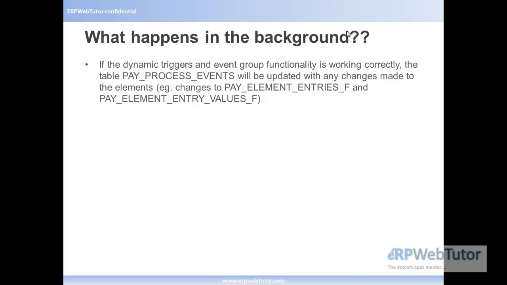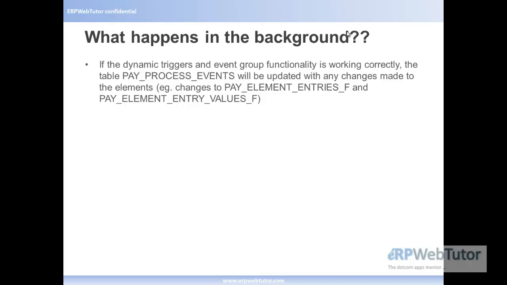If you do a deliberate backdated change, it will end date the previous pay element entries with the old value, which is again stored in the pay element entry values F, and then it will create a new line in the pay element entries F with the appropriate effective date. So these two tables are being used, and the triggers are on these two tables.